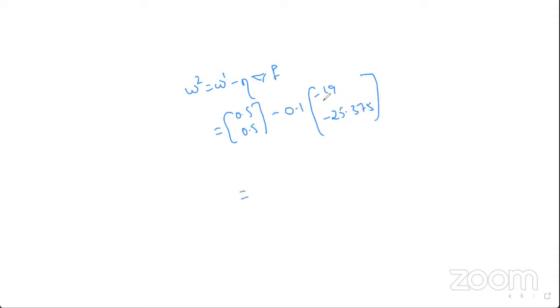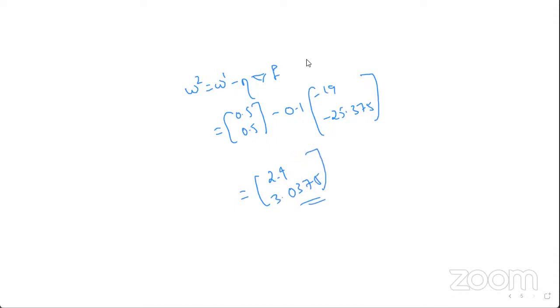Okay, so this is going to be plus 1.9, okay, plus 1.9, plus 2.5375. So it's going to be equal to 0.5 plus 1.9, 2.4, plus 2.5375, it's going to be 3.0375. Okay, this is the W2 value.